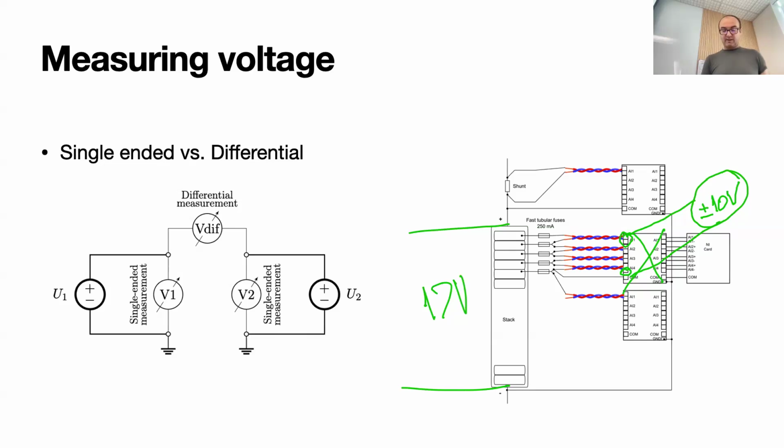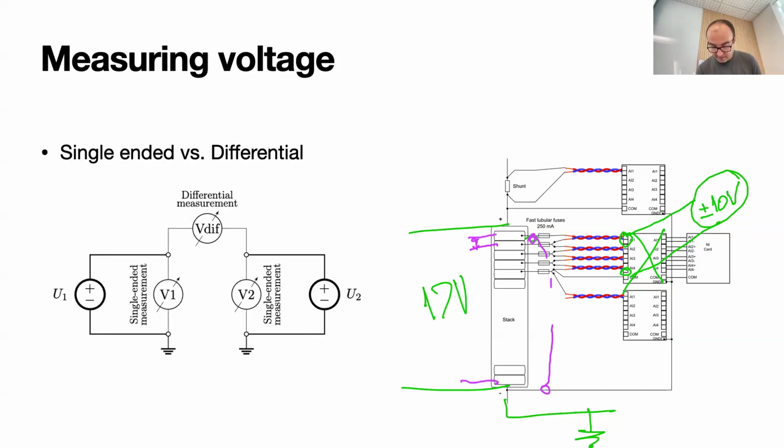First thing is, we are not measuring absolute voltage. So there is a ground level here. We are not measuring this voltage versus this voltage here, but we are measuring in a differential mode. So we are measuring voltages between cells, and this difference actually gives us the actual voltage of a cell.